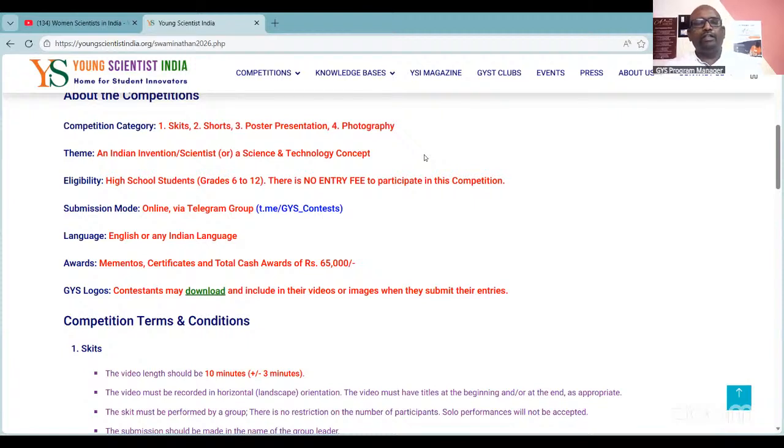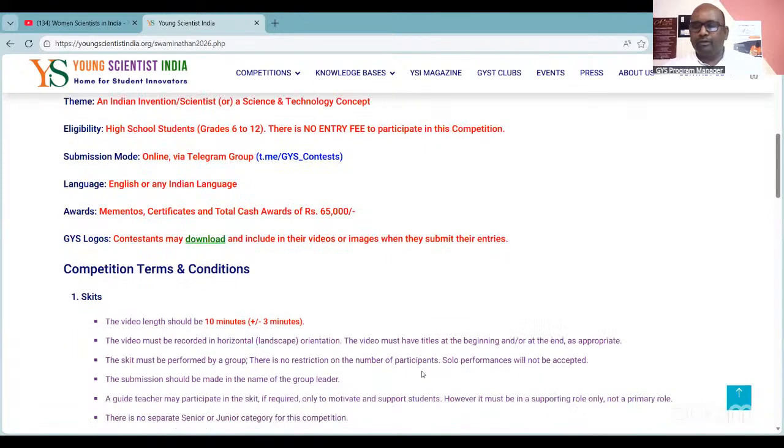These 3 themes are available for this competition. You can choose any one of these themes. So for skits, you can choose whatever theme you love to play.